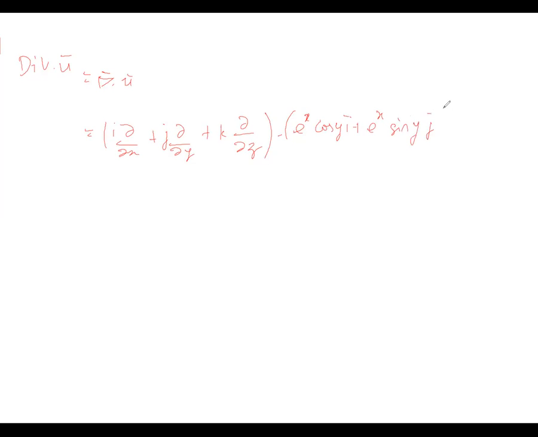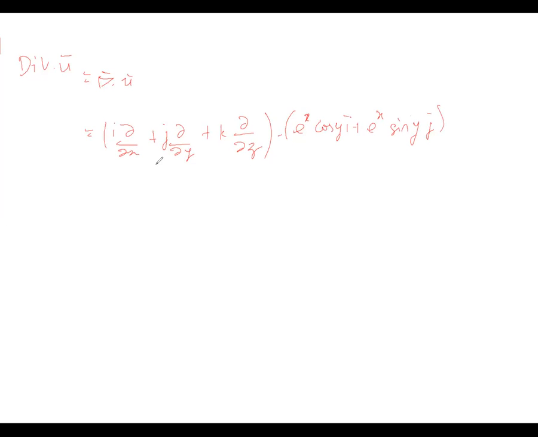Divergence equals del vector dot u vector, that is i dou by dou x plus j dou by dou y plus k dou by dou z dotted with the given vector. The given vector is e power x cos y i vector plus e power x sin y j vector.